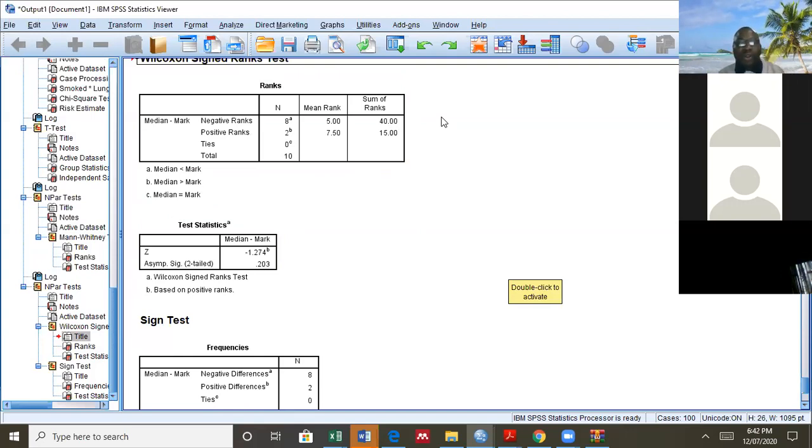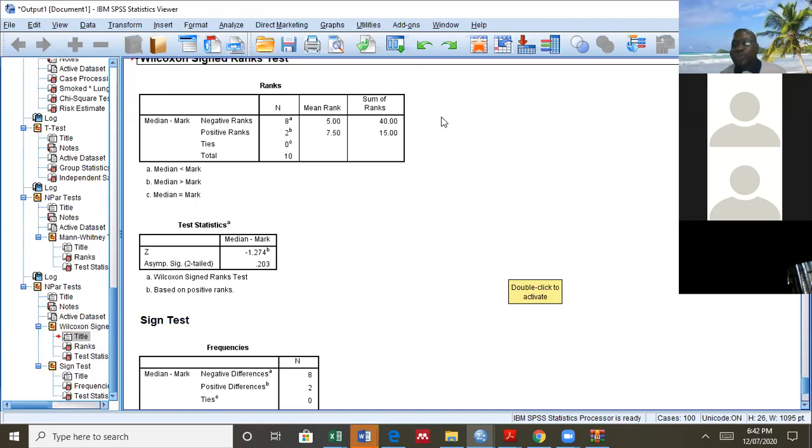So when you come here, positive rank, there are 2, negative rank, there are 8. In the Wilcoxon, the rank sum is the sum of the ranks of the positive and negative. The one that is smallest is the statistic. In this one, 8 out of the 10 are negative, 2 are positive.